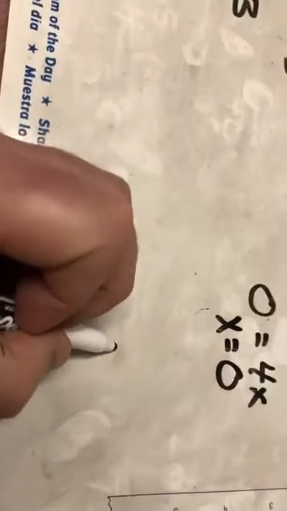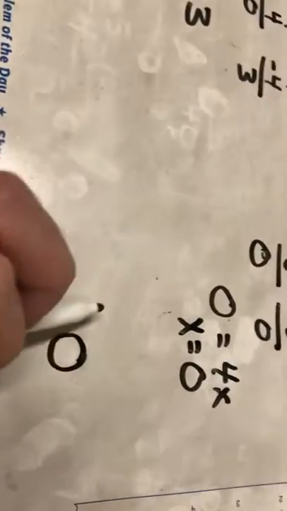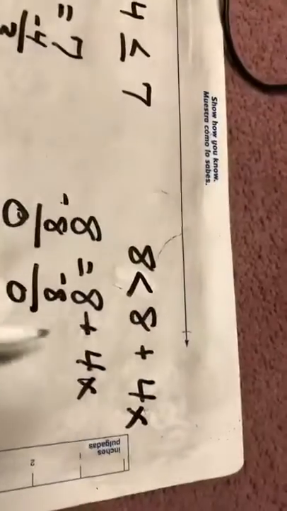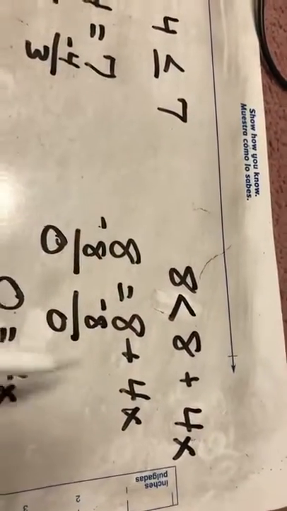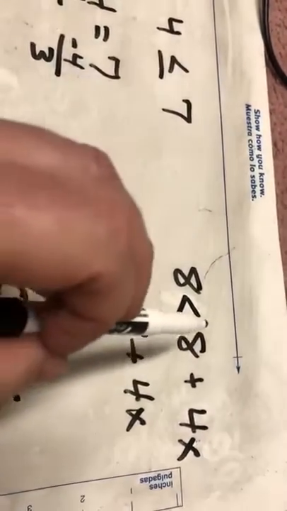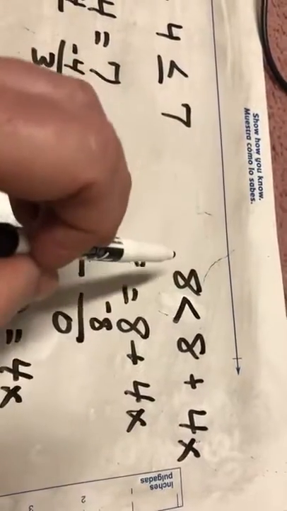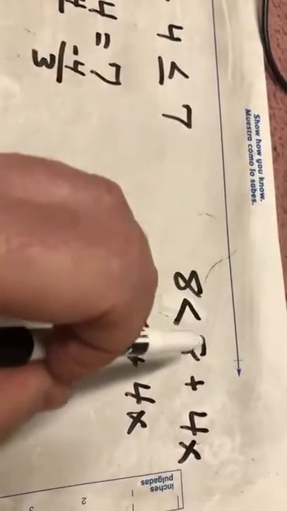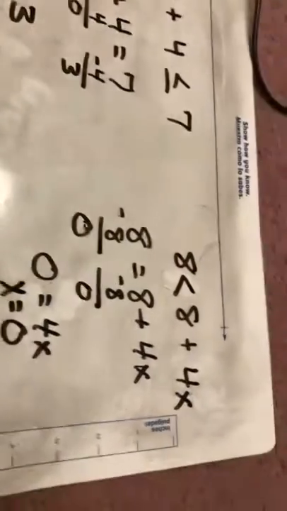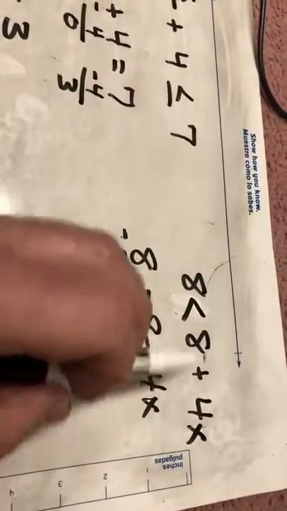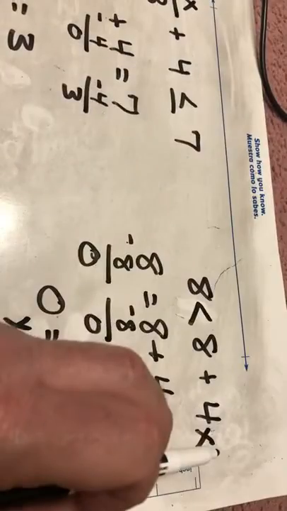So my graph is going to start at 0. The question is now, is it going to be shaded or unshaded? It's going to be unshaded because x cannot be 0. This side is greater than this side. 8 is less than 8 plus 4x, not equal to. So it's going to be an unshaded circle over the 0. That's my 0, that's my unshaded circle. Now, don't be confused by which way the x opens.